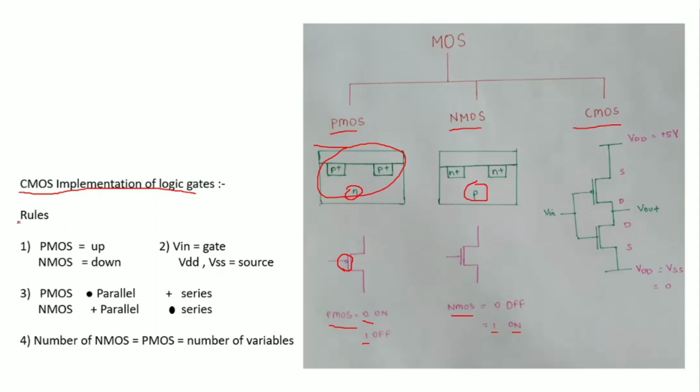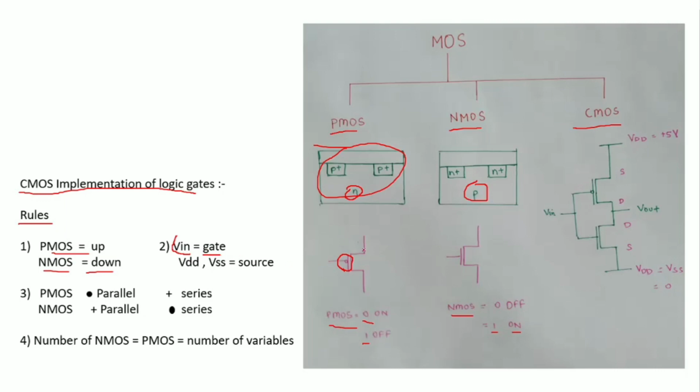There are some rules which we have to follow. Here you can see these are the rules. Always use PMOS on the upside and NMOS on the downside. This is the first rule you have to keep in mind. The voltage input will be given at the gate.